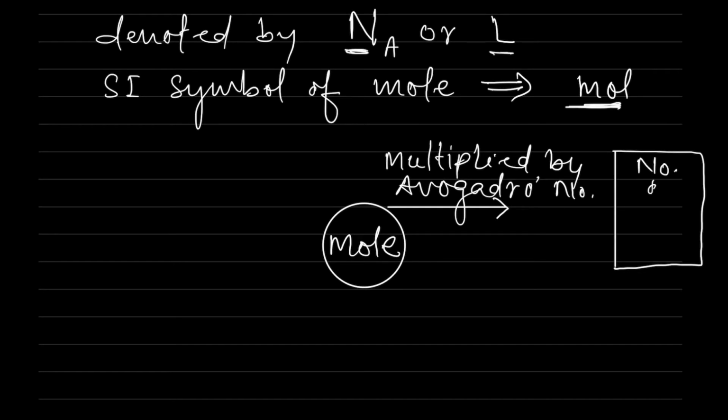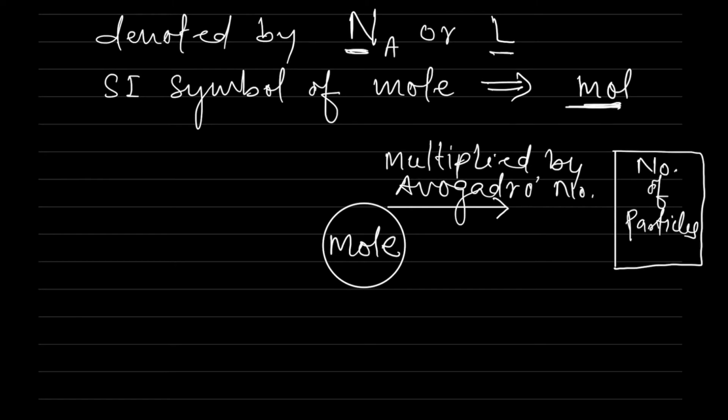We can convert this mole into number of particles if we multiply this mole by the Avogadro number. And it is very simple.